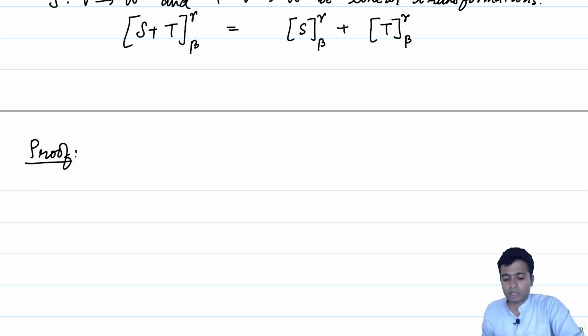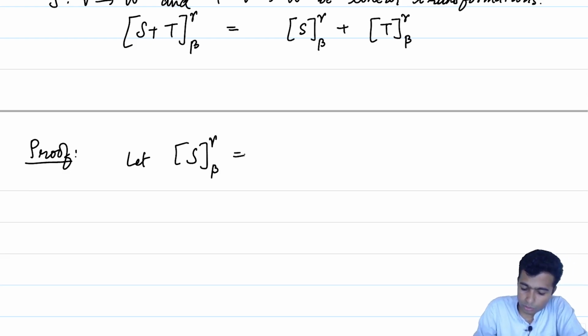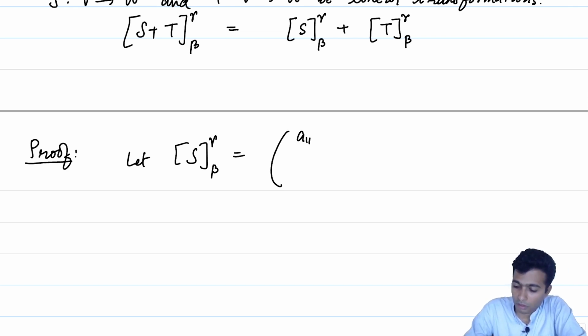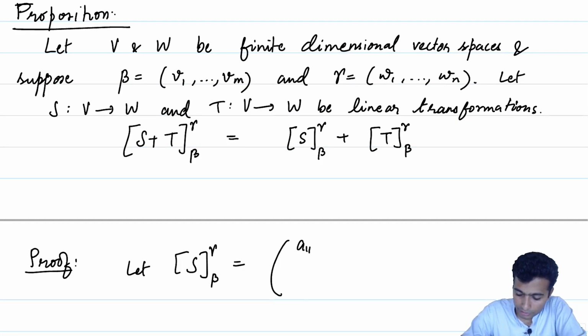So what is the matrix of S with respect to beta gamma and the matrix of T with respect to beta gamma? Let's give them some names. First of all, let the matrix of S be A11, A21, up to AN1, ..., A1m up to ANM. Remember, this is a linear transformation from an m dimensional vector space into an n dimensional vector space.